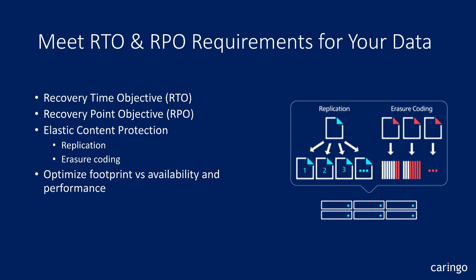So the recovery point objective, RPO, is: if I had a loss right now, and you define what the loss is, you might say if my network connection dies, or if a single disk drive dies, or if an entire server dies, or if an entire data center dies. You define what the failure mode is, and you say if that happens, then I can recover. It doesn't say when you'll be able to recover, but once I do recover, I will be whole back to this point in time.